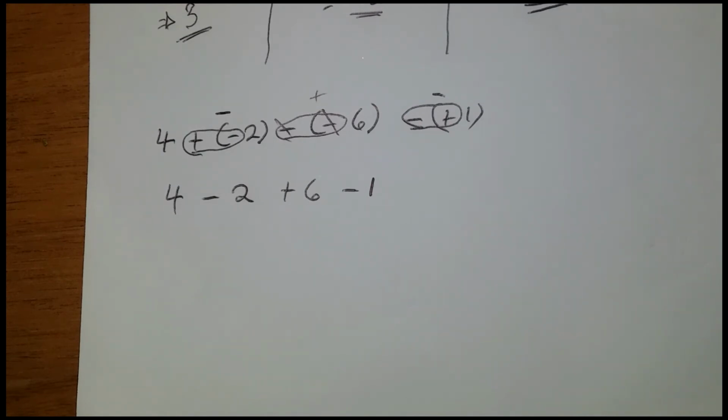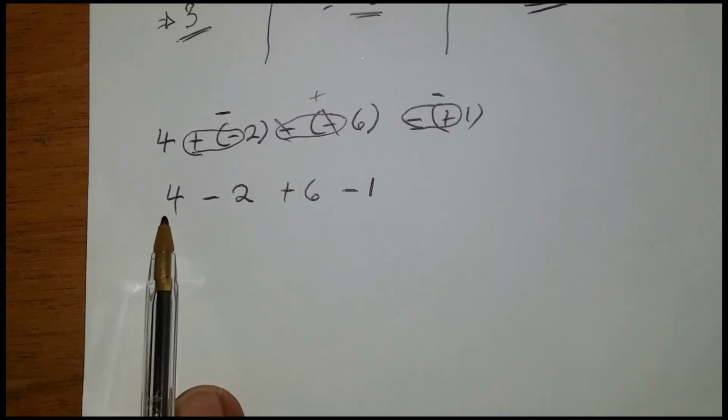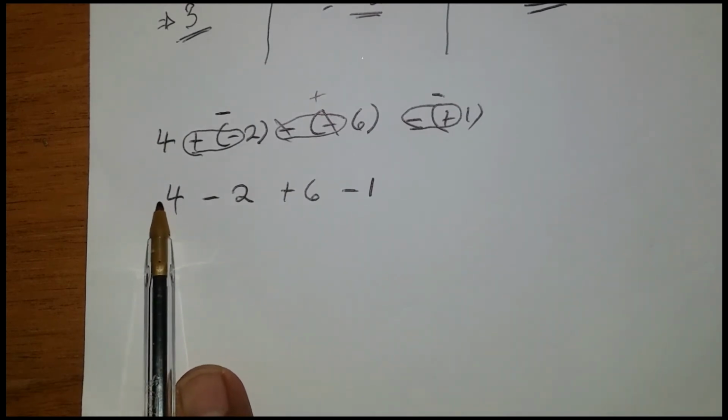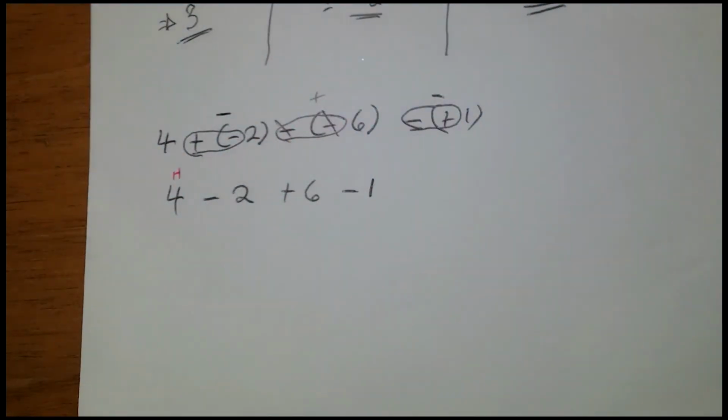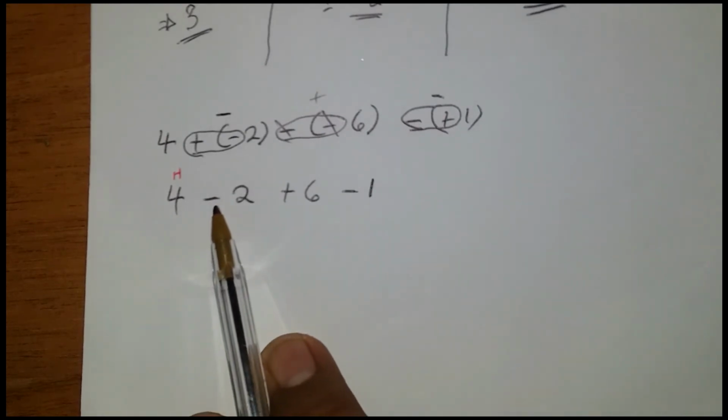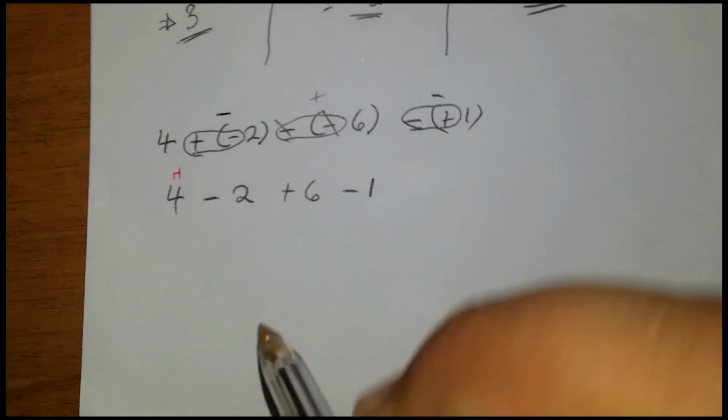The 4, if you take a look at the 4, will that be I owe or I have? Right, I have. This 4 is positive, so I have that amount. So let me put an H there because I have that amount. The 2, do I owe that amount or I have it? I owe because it is negative.